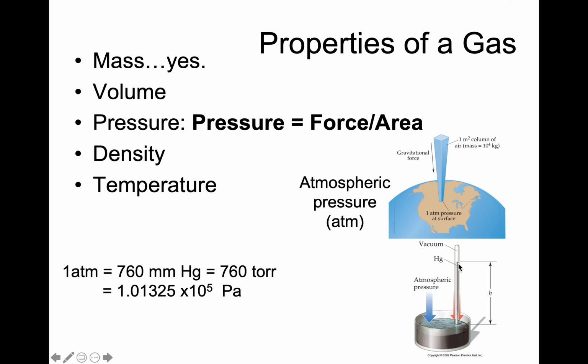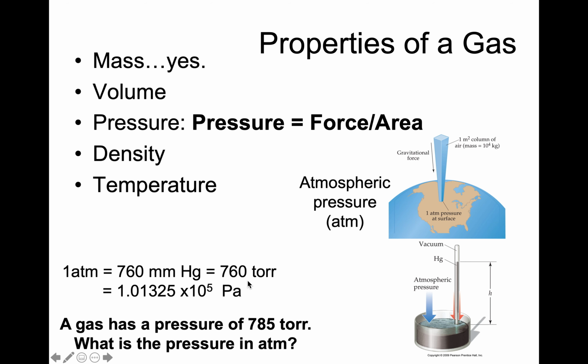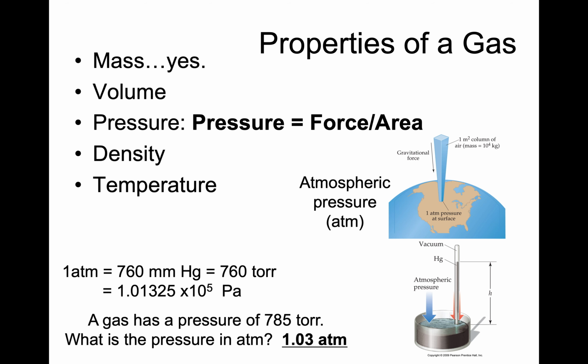How high does it rise? 760 millimeters. That's the definition and the conversion between atm and torr. So if you have a value that's given in torr, you can do a simple proportion to figure out how many atm it would be. Make sure you're able to do conversions between both of those. Millimeters of mercury, which are also called torr, and atmospheres, which are atm.